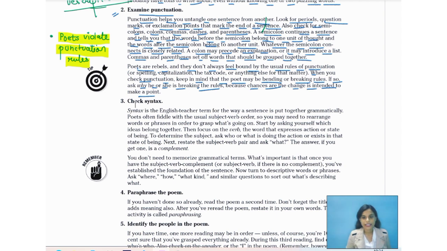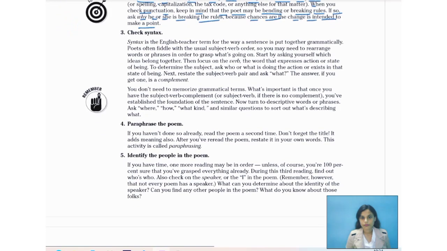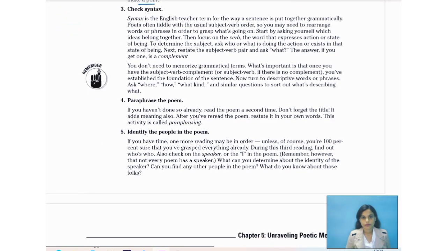The next rule that they are trying to tell us is check the syntax. Now, syntax is the English teacher term for the way a sentence is put together grammatically. So, grammatically correct sentences. That's the structure, the way a sentence is put together grammatically.